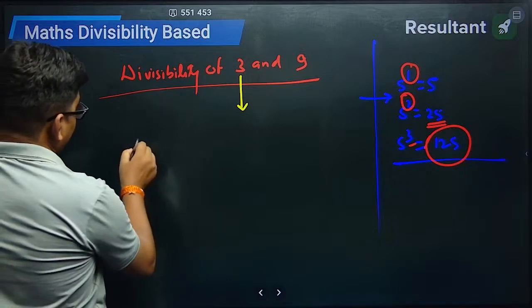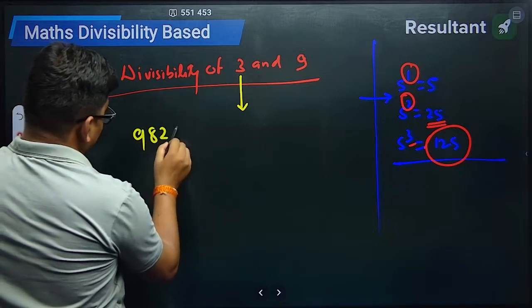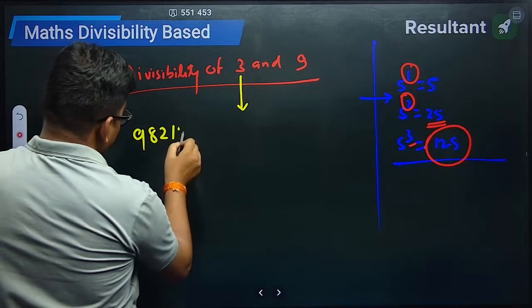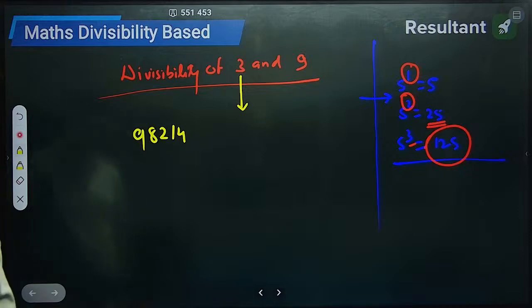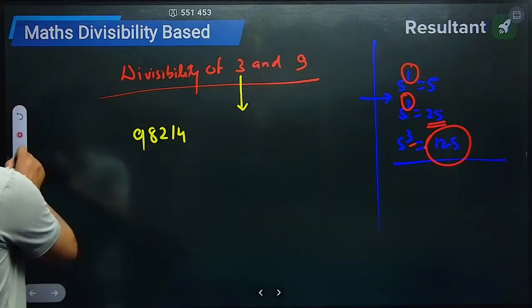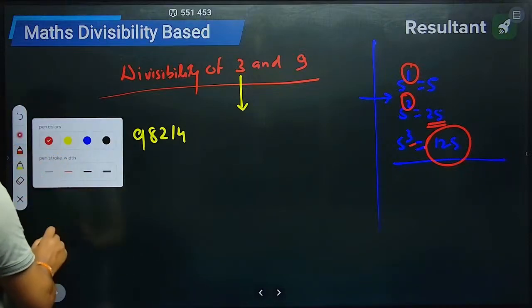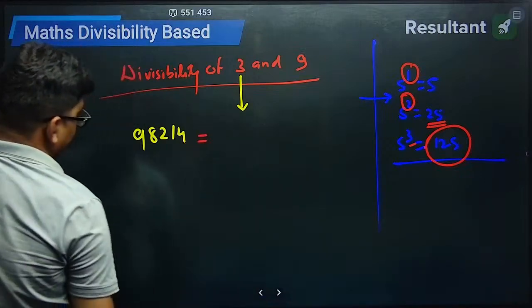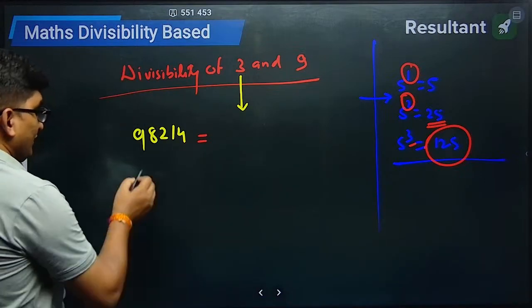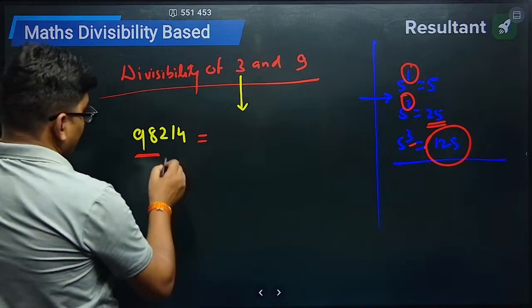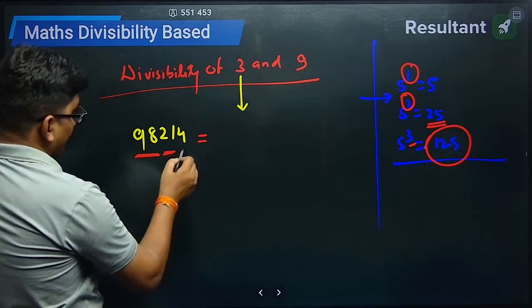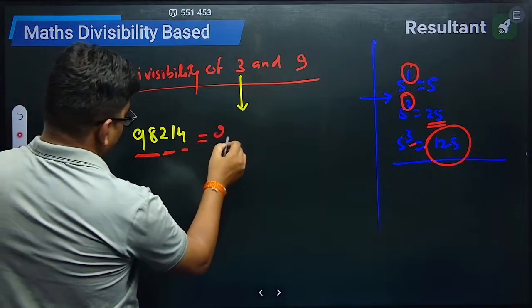Now I wrote here 98214. I want to know whether the number will be divisible by 3 or not. So you should check the sum of digits. So what will you do? 9 and 8 is 17, plus 2 is 19, plus 1 is 20, plus 4 is 24.